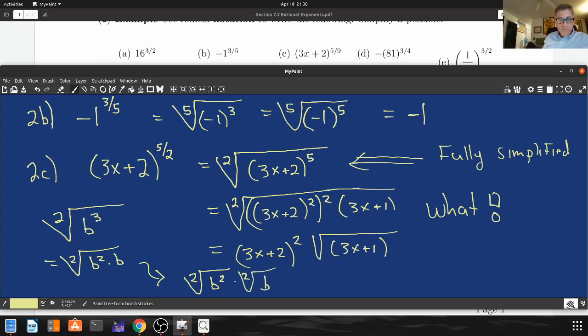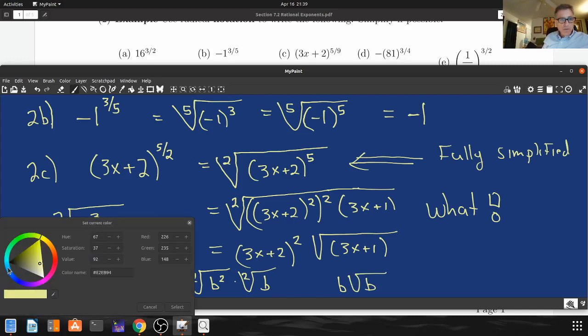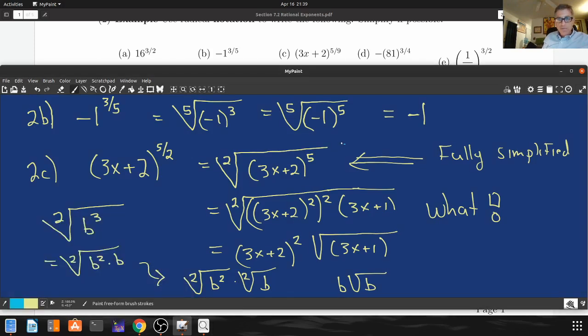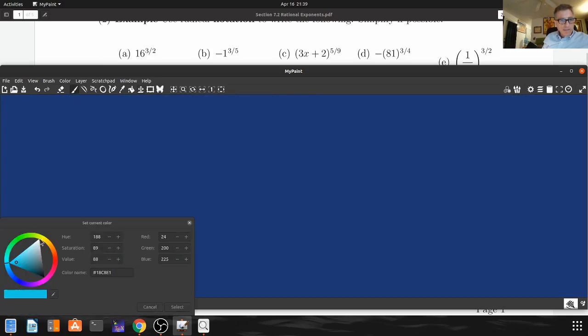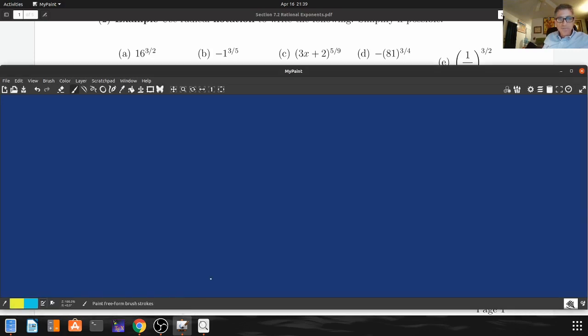So the square root of b squared is b times the square root of b. So for right now, just ignore everything, and in your mind, you can absolutely stop right here and say finished. And I'm pretty sure that's exactly what the example does in the corresponding text.